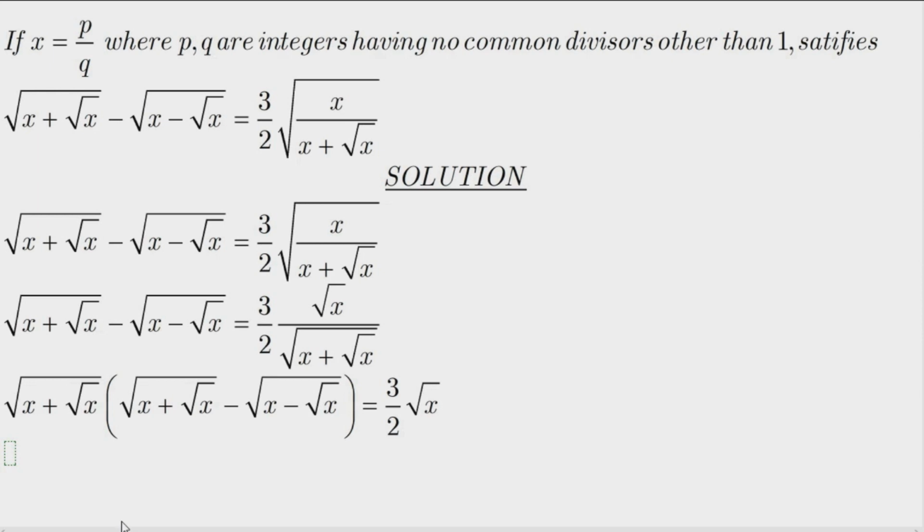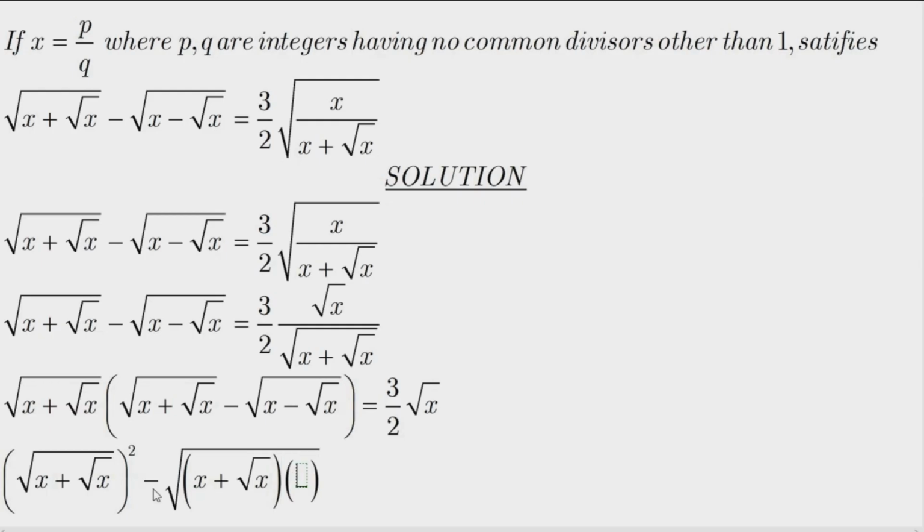Then that will be equal to square root of x plus square root of x, then minus square root of x plus square root of x times square root of x minus square root of x equals this, right? 3 divided by 2 square root of x.